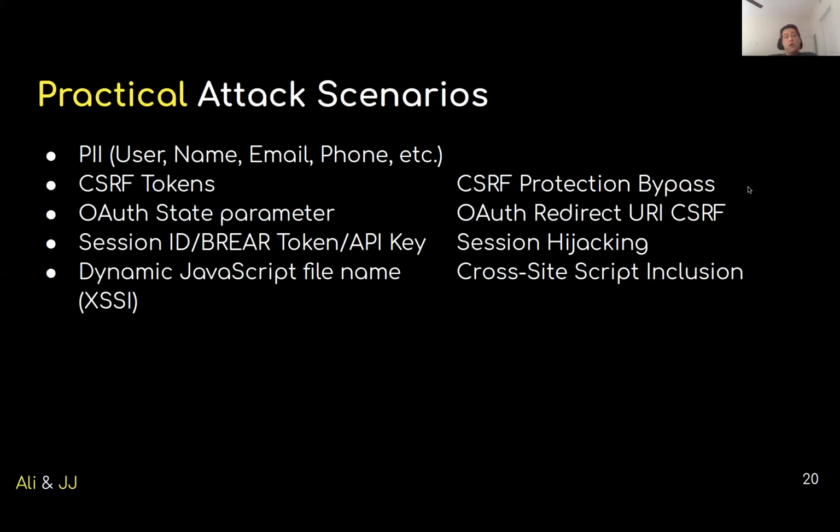Consequently, we were able at times to bypass the CSRF protection, which is based only on the CSRF token without the presence of, for example, a same-site cookie or referer check. Also, we discovered another use of the CSRF token as a state parameter in the OAuth protocol, which gave us the capability to run an OAuth redirection URL CSRF, and consequently link an attacker's account to the victim's. We also discovered session identifiers, OAuth bearer tokens, or API tokens, which means session hijacking is still an effective attack scenario in combination with web cache deception.